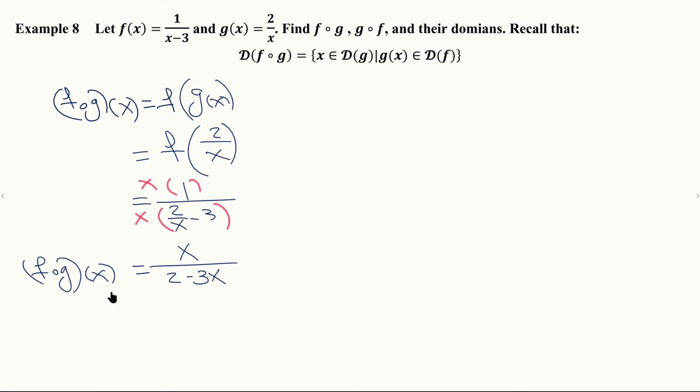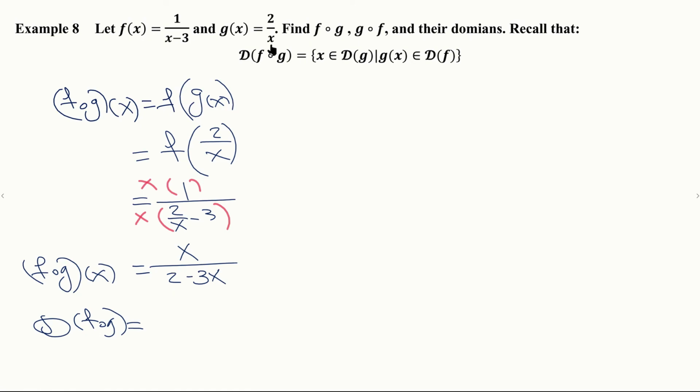So we're going to look for the domain now, which is going to be all the numbers in the domain of g, so that the g of x is going to be in the domain of f. So basically, look for any numbers that should be excluded because of the g itself, which would be 0, right?